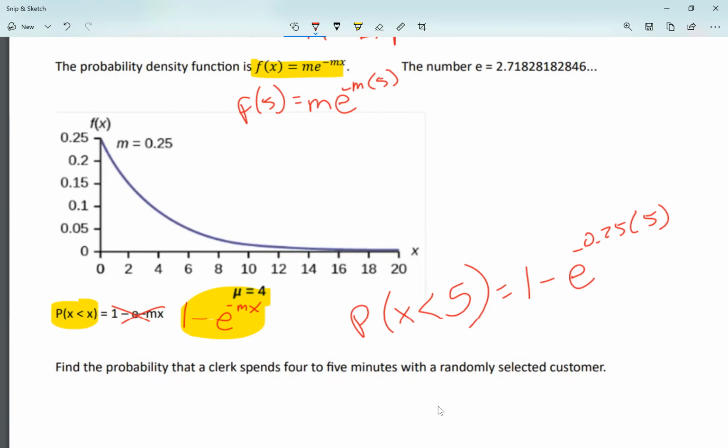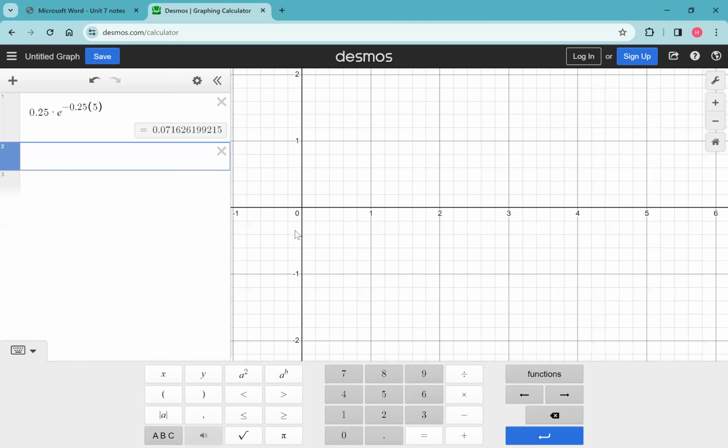All right, let me figure that out. Let's go to decimals here. And let me go 1 minus e to the negative 0.25 times 5. Okay, so the probability that the clerk is going to spend 5 or less is 0.71.